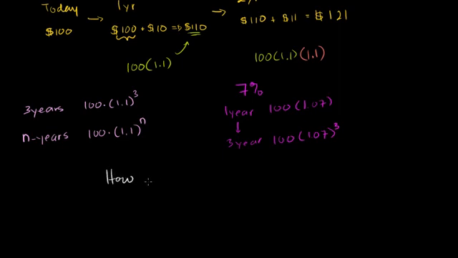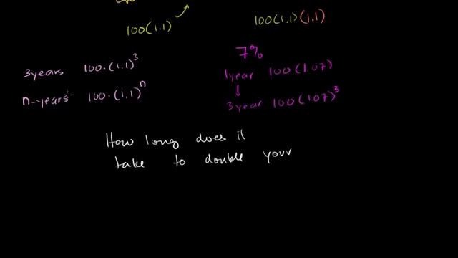how long does it take to double your money? If you were to just use this math, you'd have to say, gee, I would have to start with $100, and I'm going to multiply that times, let's say it's 10% interest, 1.1 to the x, is equal to, well, I'm going to double my money, so it's going to have to equal $200.